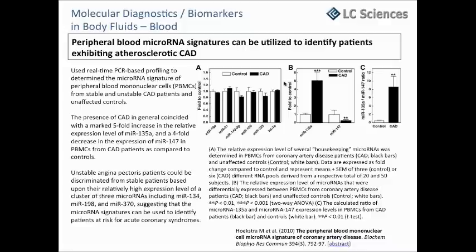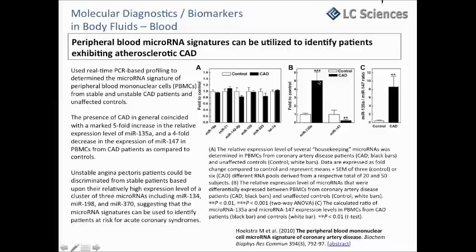And this paper is actually based on qPCR data. So qPCR was used for the profiling step, and the result was that the presence of coronary artery disease generally coincides with a 5-fold increase in the expression levels of microRNA 135A.